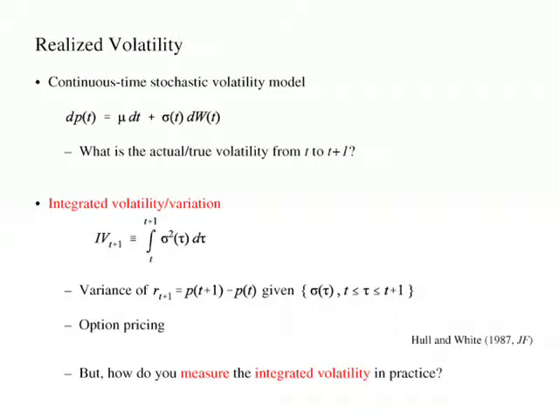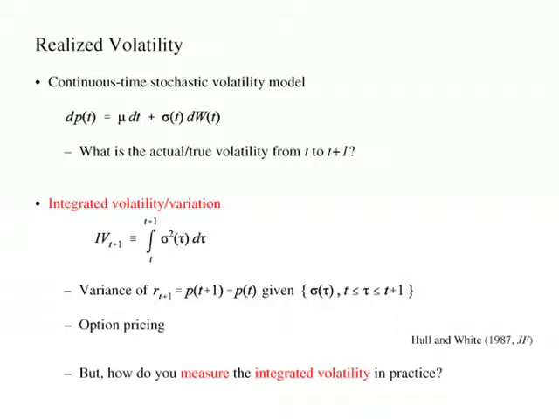Given that information, what is your estimate of the variance of the returns from time t to t plus 1? Again, this is the answer. Intuitively, if you actually knew the true sample path realization, then conditional on knowing that, this is what the variance is.